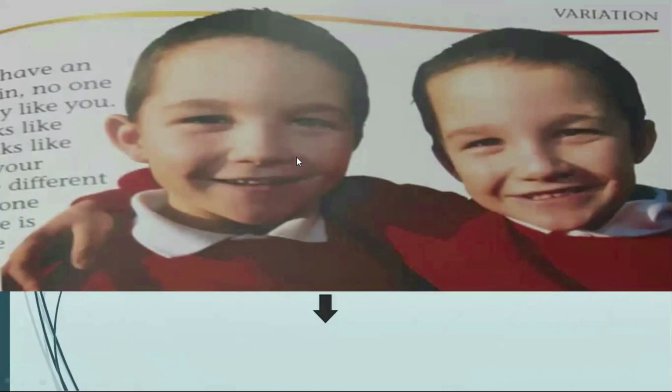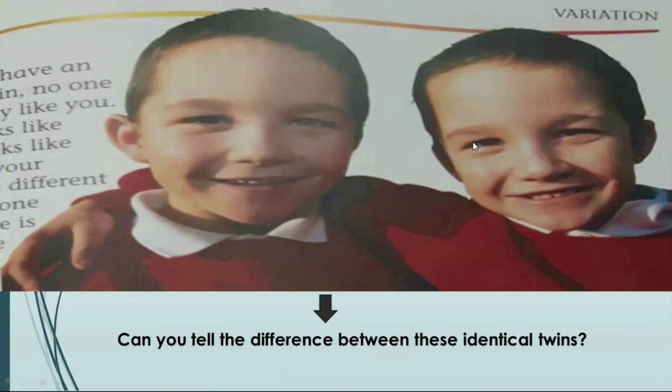And sometimes we get confused, right? When we see twin brothers or twin sisters, we get confused about which one of them is whom. So we cannot tell differences between two identical twins. Can you tell the difference between these two identical twins? Do let me know if you can.